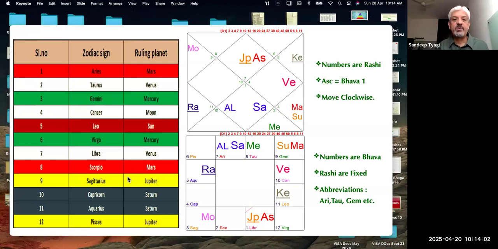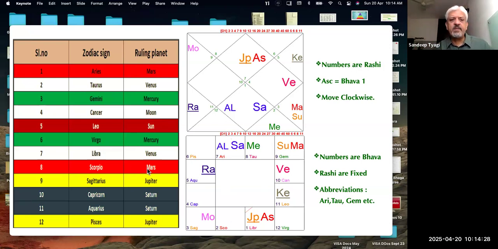The others rule two signs each. You'll see Mars come in Aries, Mars come in Scorpio, because there were two plots given to all the other planets except for Sun and Moon. They have one palace each. The other guys have these palaces on both sides of the king's palace.